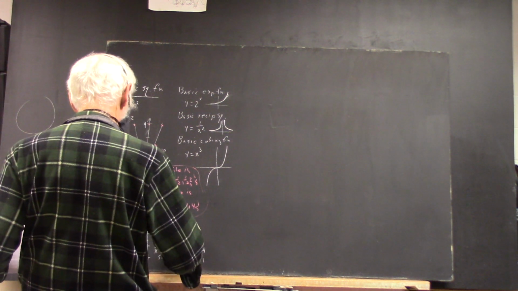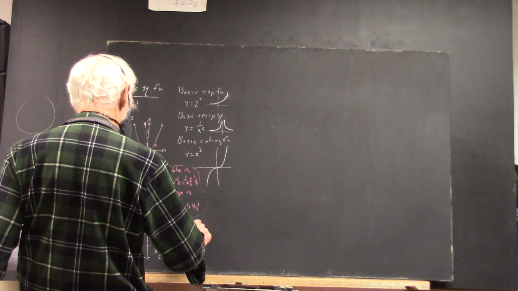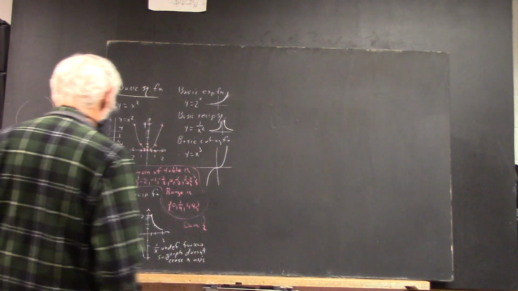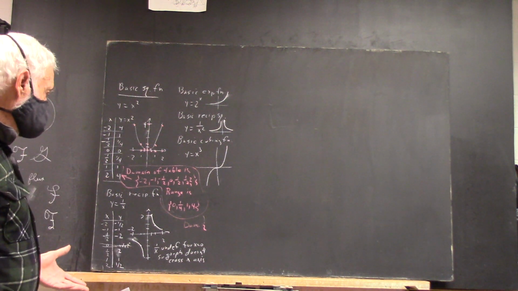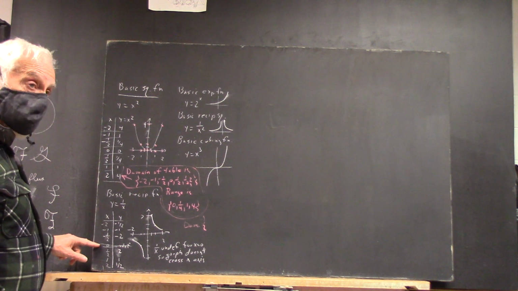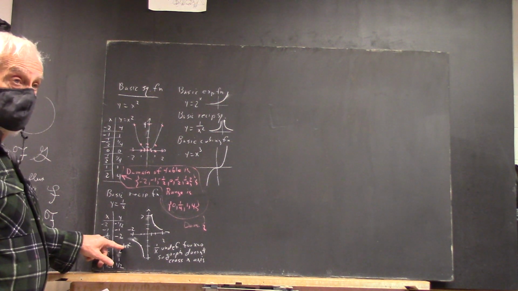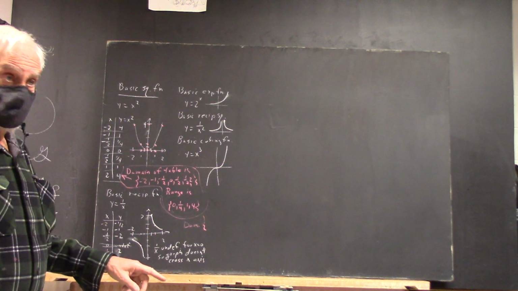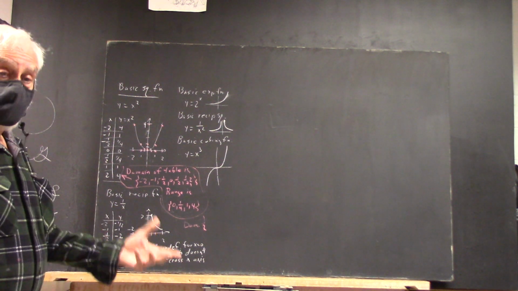For this function, I'll do a little abbreviating. The domain is, again, the set of x values that appear. Okay? And 0 doesn't appear because 0 is not in the domain. You can't evaluate 1 over x for x equals 0. And of course, you did the homework.